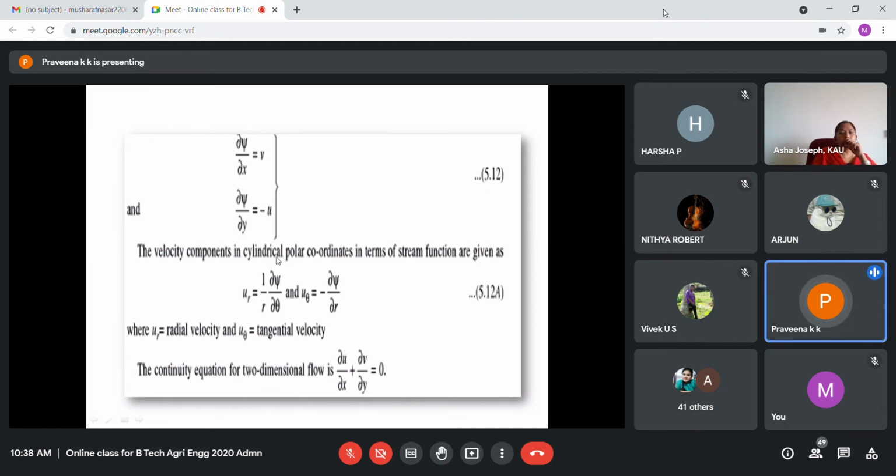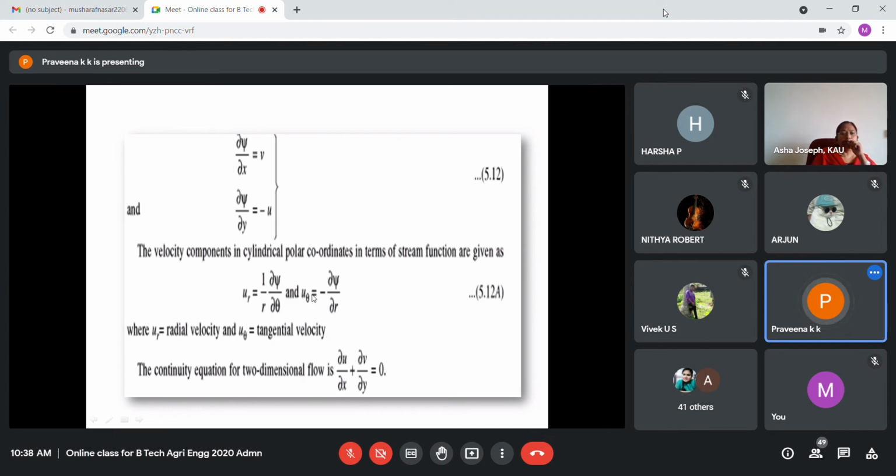The velocity components in cylindrical polar coordinates in terms of the stream function are given as u r equal to 1 by r dou psi by dou theta. Here the radial velocity component acts at right angles to the tangential component, which is why 1 by r dou psi by dou theta came.